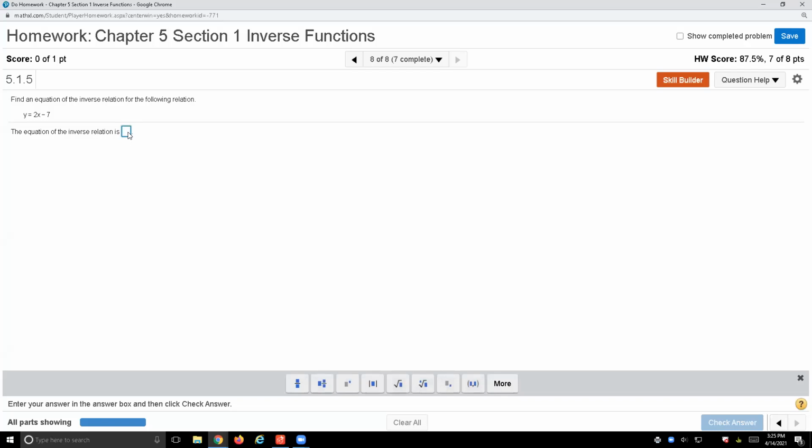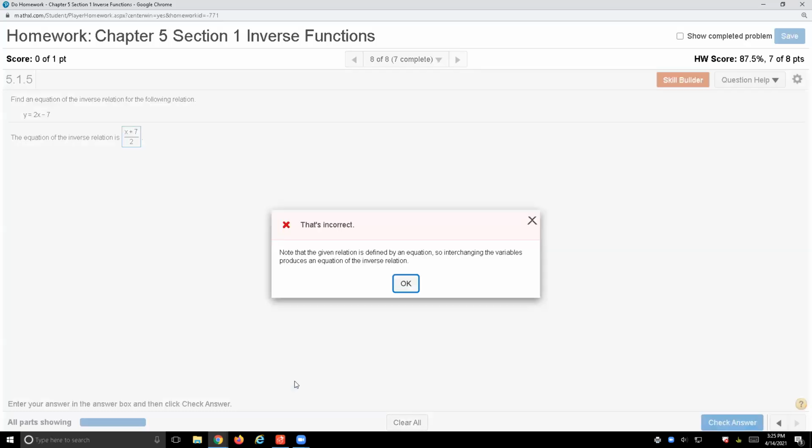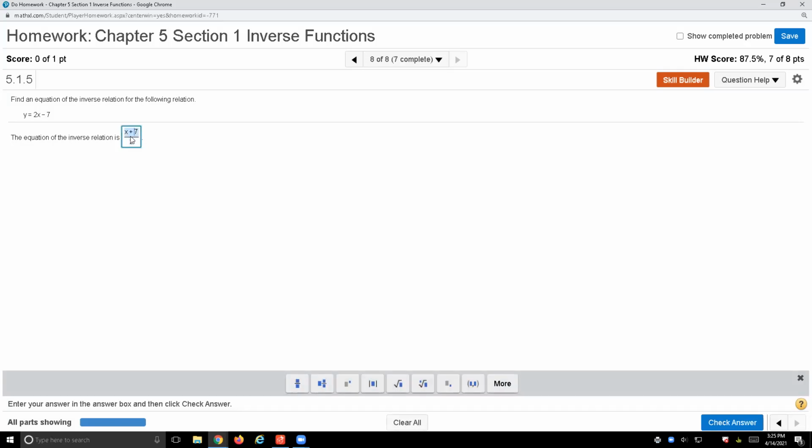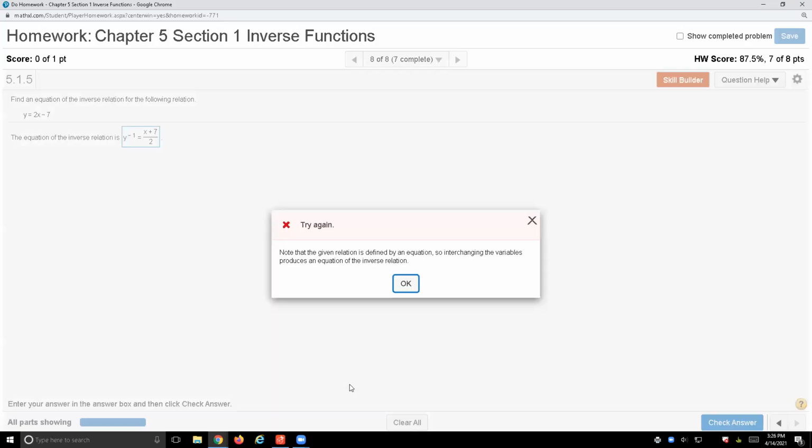The equation of the inverse. So I have a fraction; the top is x plus 7, divided by 2. I have to put the inverse notation: y inverse equals... we did that already.